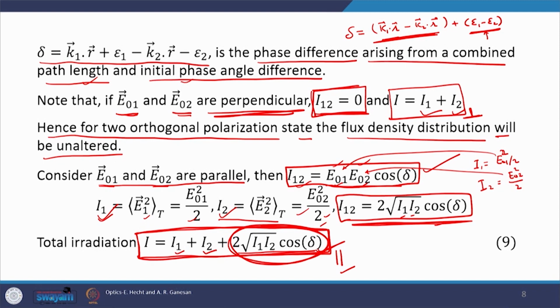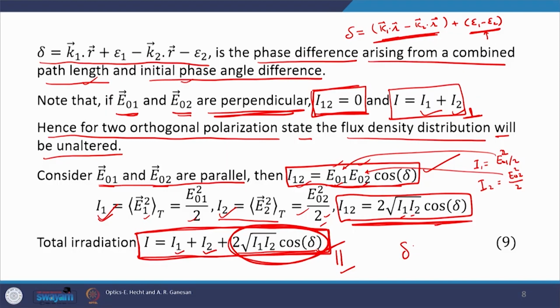Now, what would be the position of maxima? What are the conditions under which we will get maxima? These all depend upon the value of delta, the phase difference.